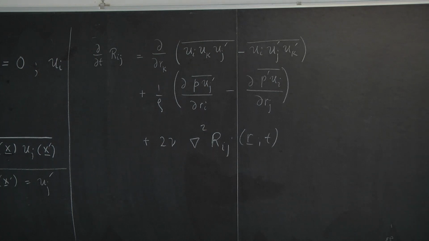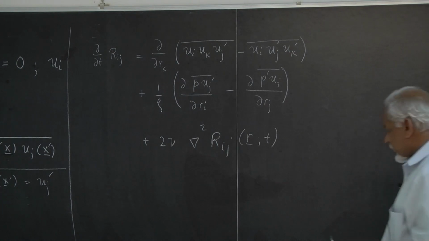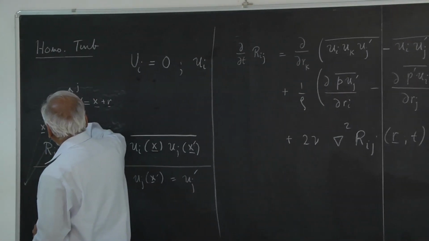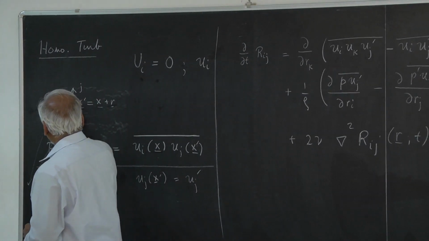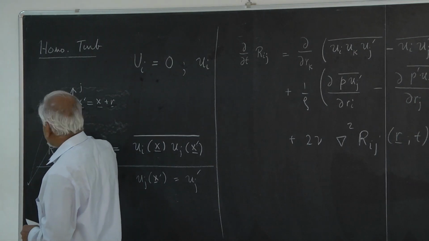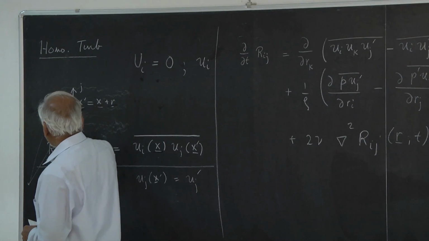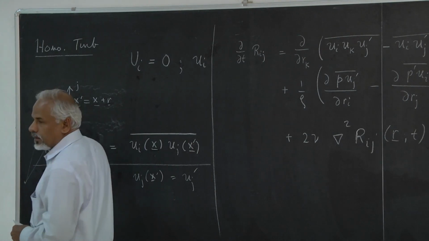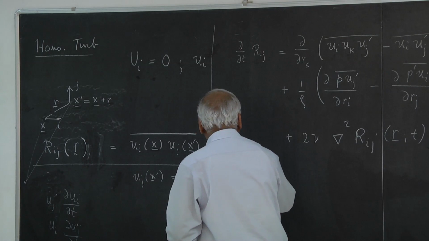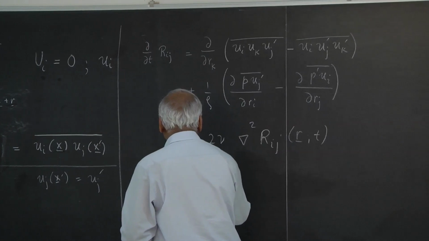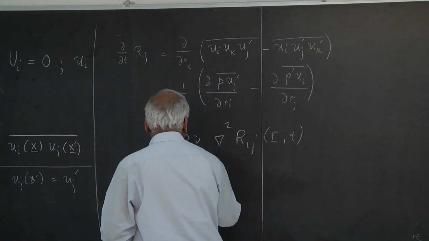So let me tell you what some general properties of Rij are. Rij is, as I said, the product of these two velocities averaged. If you shrink this, that is, take the product between two velocity components at the same position, that one will be the largest of all the possible values you can imagine for other different values of r. In other words, Rij of 0 is always greater than or equal to Rij of r.